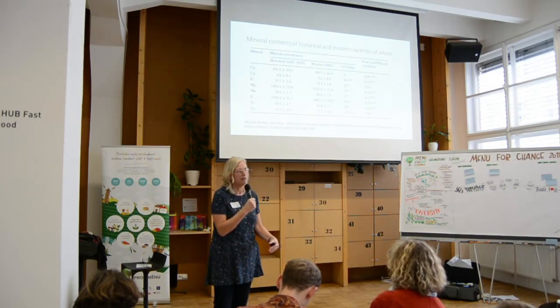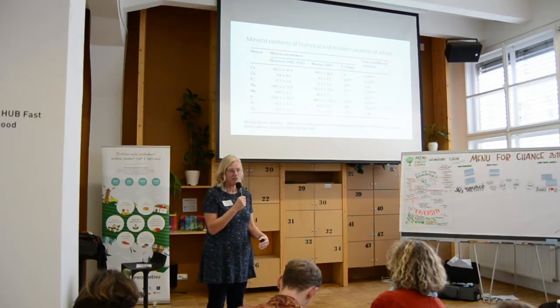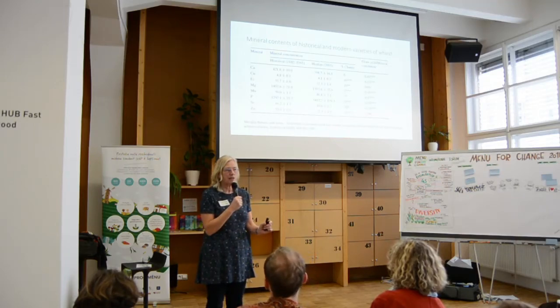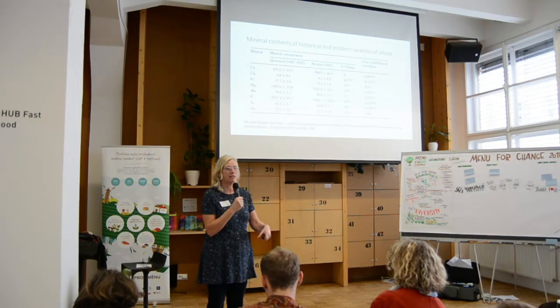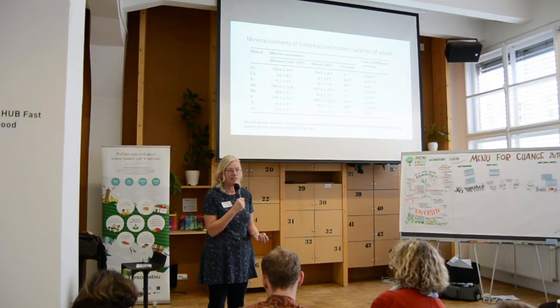But there's the other one, which is called a genetic dilution effect, which is when plants are bred over successive generations to produce a high yield rather than a high nutrient content.